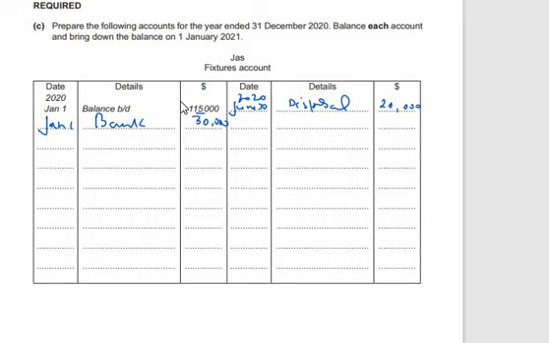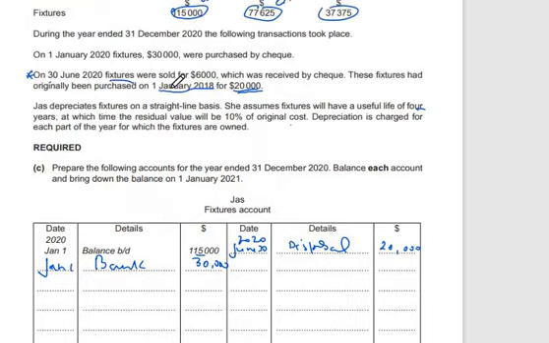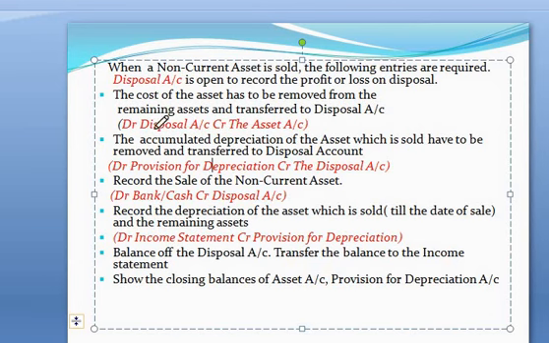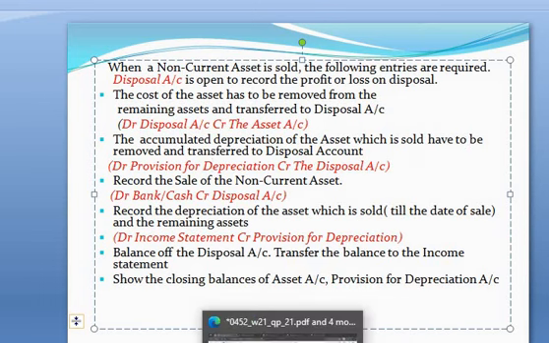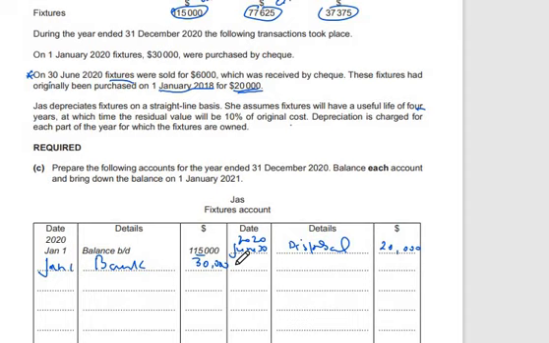So the first step is to remove the sold fixtures from the other fixtures by crediting fixtures account and debiting disposal. Now I'm going to go to step 2, which says we also have to remove the accumulated depreciation of the sold asset, right? So you have to calculate the depreciation of the asset which is sold.